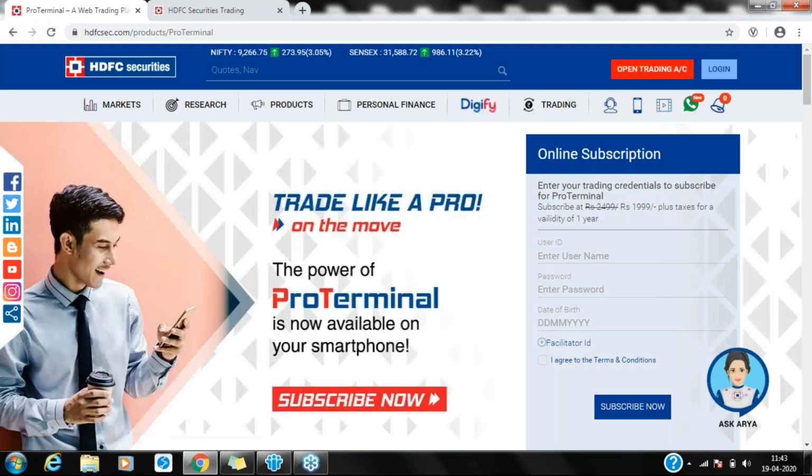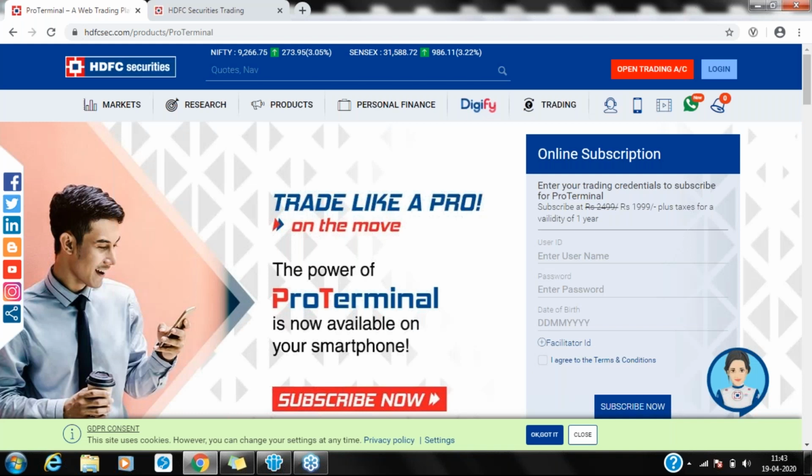So online subscription of a Pro Terminal is very important in order to use the features of Pro Terminal. How to take it? Simple. You have to add your user ID, your password, your date of birth, and click on I agree with terms and condition, and then click on subscribe now. So once you have done that, your online subscription will activate.